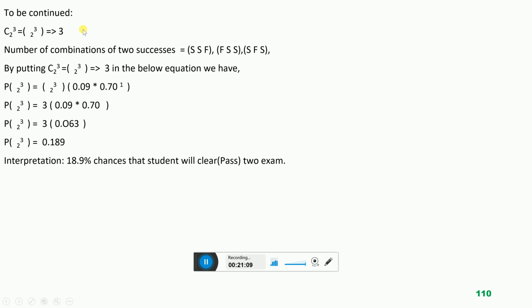So we replace this 3 in the formula: 3 as it is, 0.09 multiplied by 0.70. 0.09 multiplied by 0.70 is equal to 0.063, and the probability of 2 is equal to 0.189. What does this mean? This means there is an 18.9% chance that the student passes 2 exams out of 3.